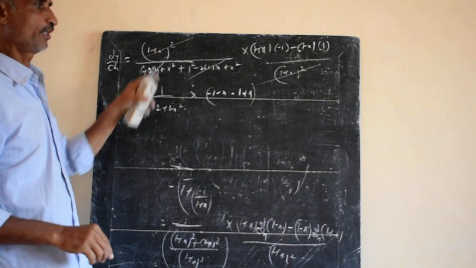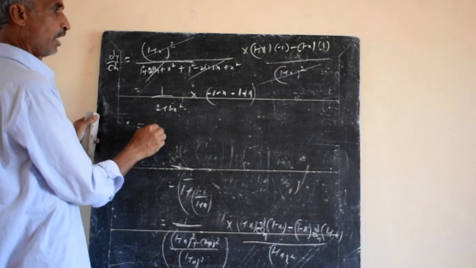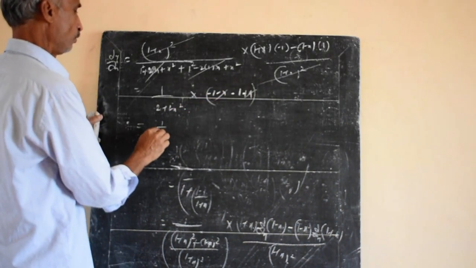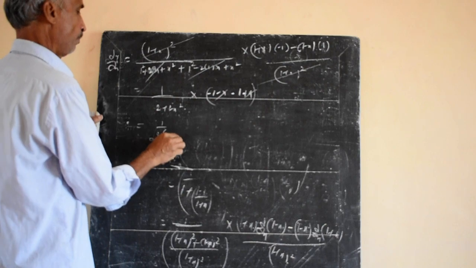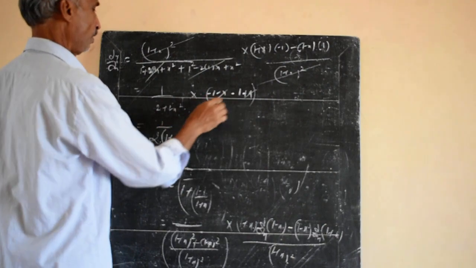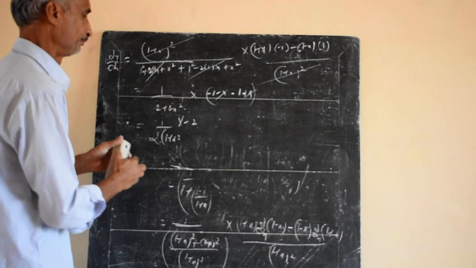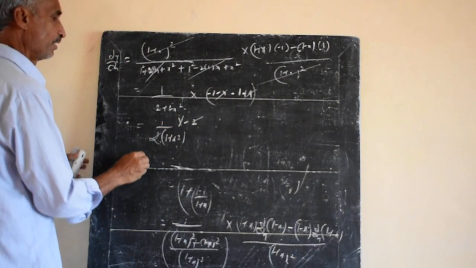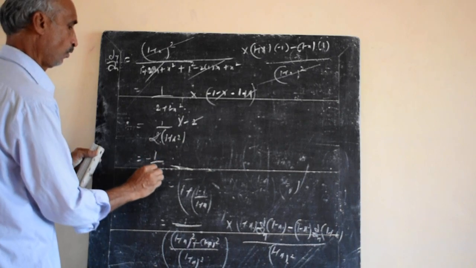That equals, I will take 1 plus x square, 2 common here, x cancels, and here it is minus 1 minus 2. So 2 and 2 cancel, and the final answer is minus 1 upon 1 plus x square.